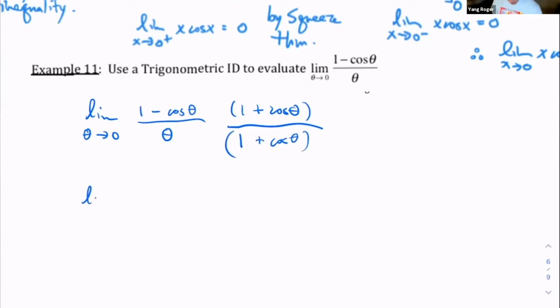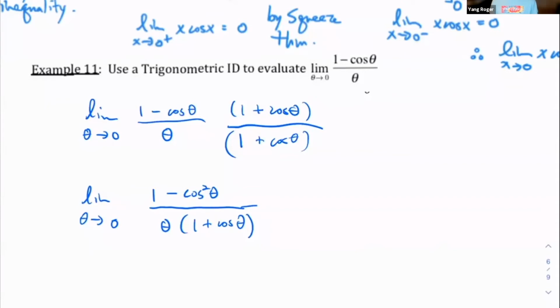When we distribute, we're going to get the limit as theta goes to 0 of 1 minus cosine squared theta divided by theta times 1 plus cosine theta, like this.